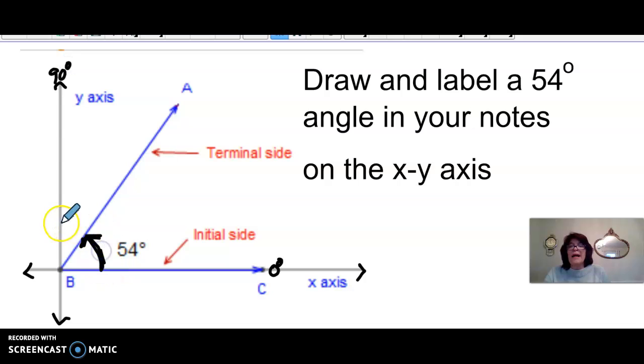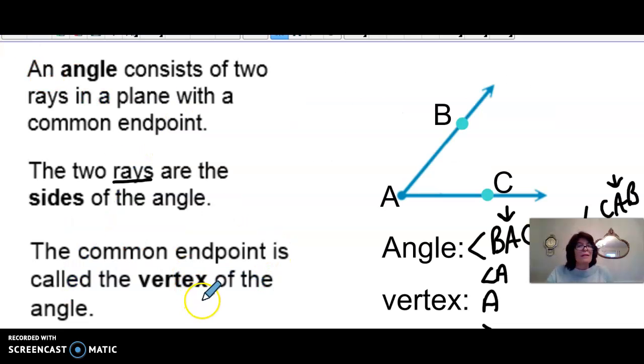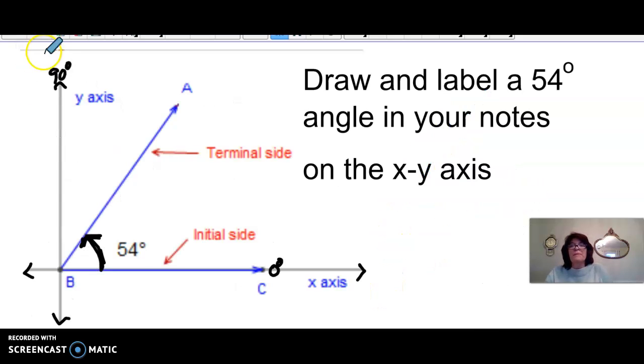If I would open exactly up to the y-axis, that would be 90 degrees, etc. We'll be talking about that shortly here, but I just wanted you to realize the difference between the ABC angle in geometry, BAC angle in geometry, and I did switch the vertices, and the ABC angle here in trigonometry, where we're going to be on the coordinate system. Okay, this angle happens to be in the first quadrant. We'll be in all the different quadrants as we go through trigonometry.